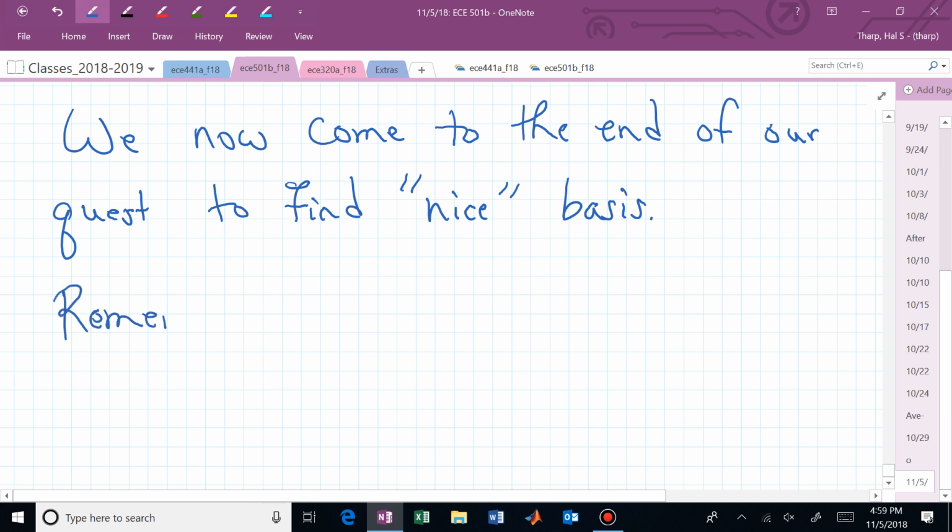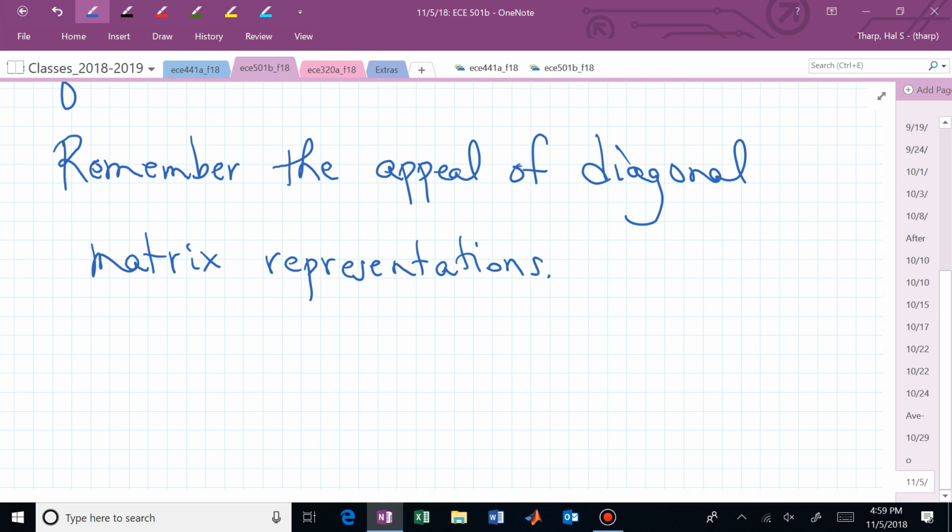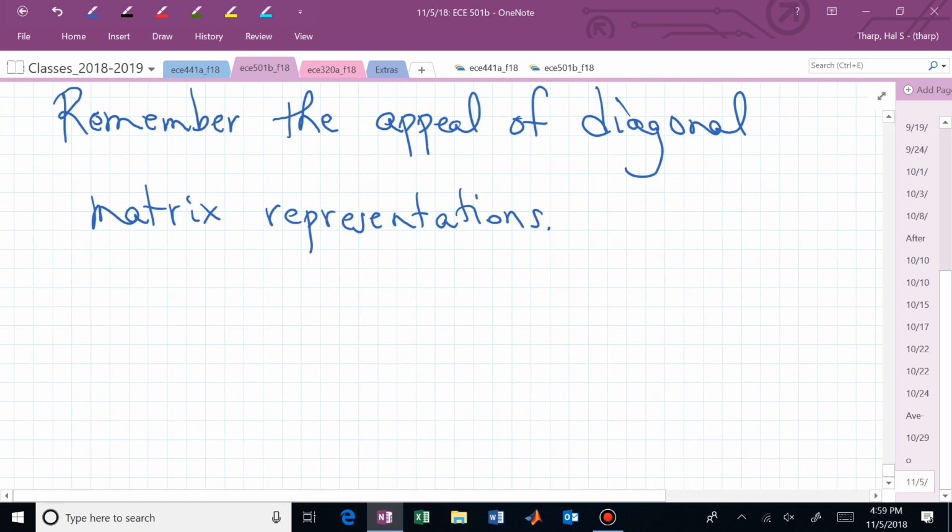And now I've already basically said what I am trying to write now. Remember the appeal of diagonal matrix representations. It's pretty easy to see what's going on or to understand what this big vector space is doing when you have a diagonal matrix. Now you can kind of isolate it to one-dimensional things instead of n-dimensional.